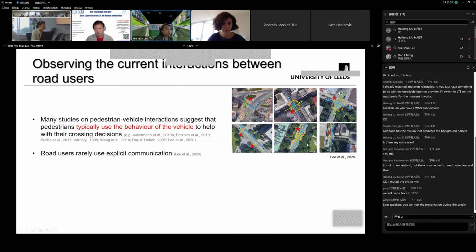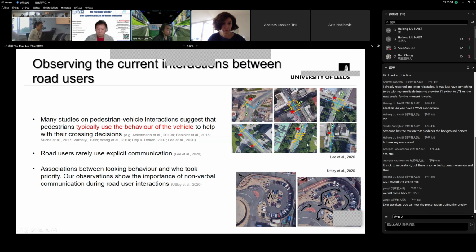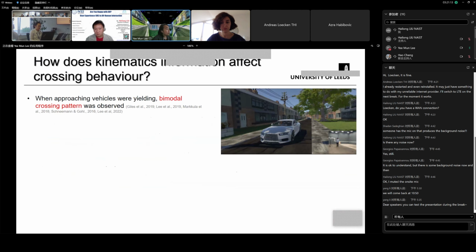But in other situations, for example the parking scenarios that we also observed, we found a bit more non-verbal communication during interactions, where if people are looking at each other, then it affects who actually took the priority.